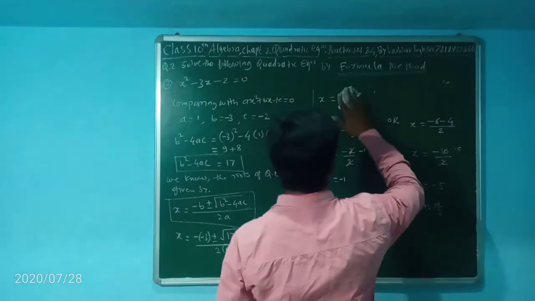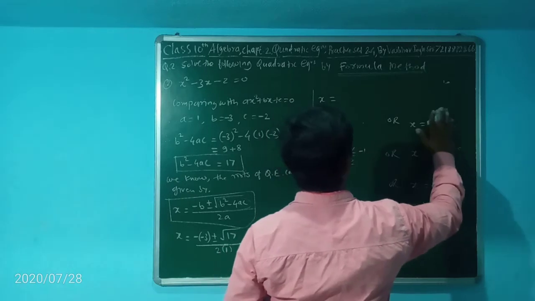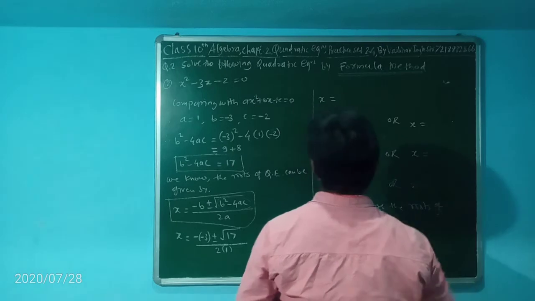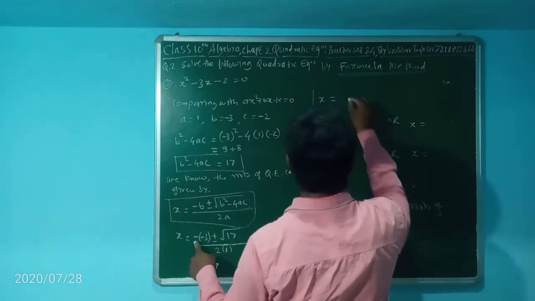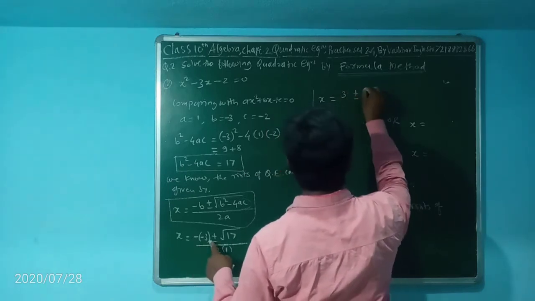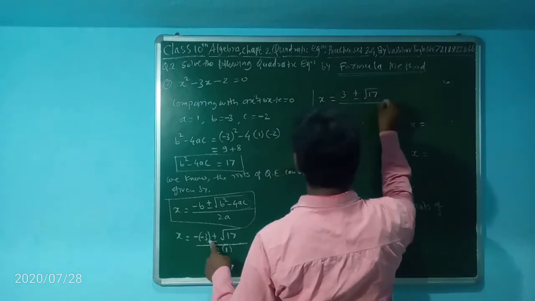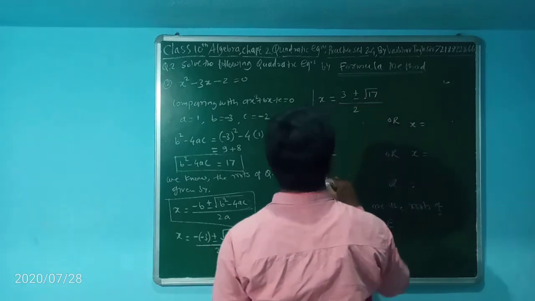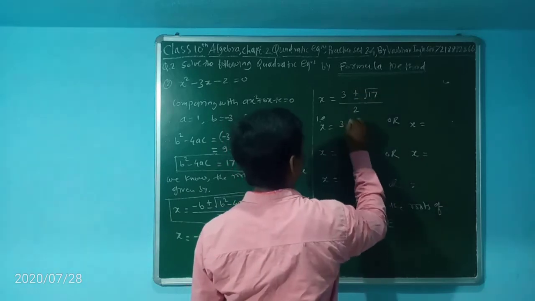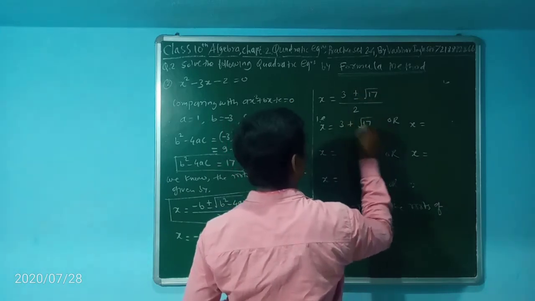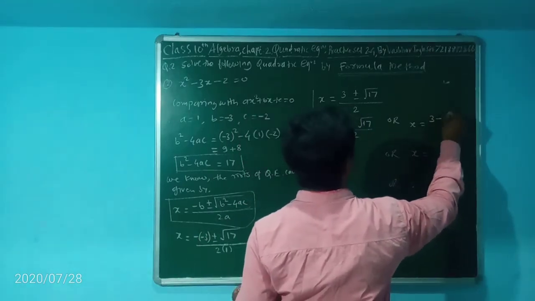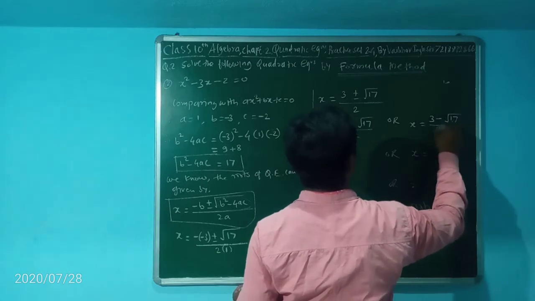Okay, now just solve and find the roots. So this can be written as minus into minus plus 3 plus minus under root 17 whole divided by 2 into 1, 2. So we'll write separately with this sign. So 3 plus under root 17 by 2, or here we'll take 3 minus under root 17 by 2.